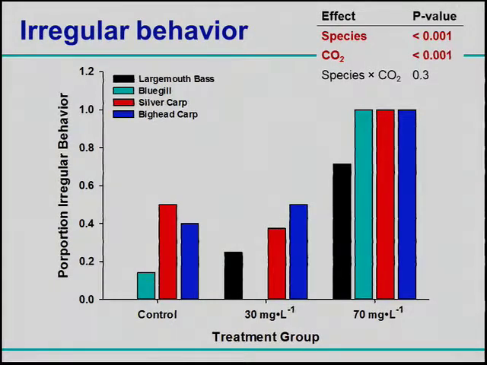Largemouth bass are black, bluegill are light blue, silver carp are red, and bighead carp are dark blue. Basically what you see is that fish in buckets are, every now and again, not unhappy, but we have a significant increase of irregular behaviors once we add carbon dioxide. So when we look at this index of irregular behaviors, like surface breathing, the animals are giving us the indication that they're unhappy being exposed to carbon dioxide, up to 70 milligrams per liter.